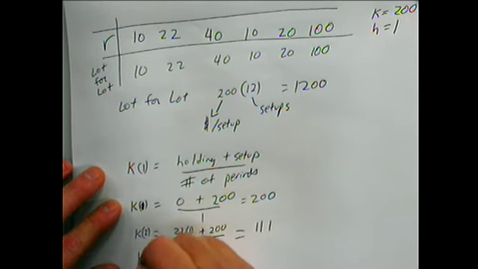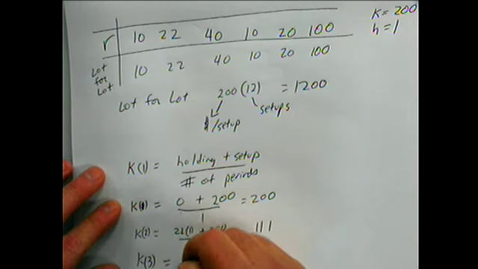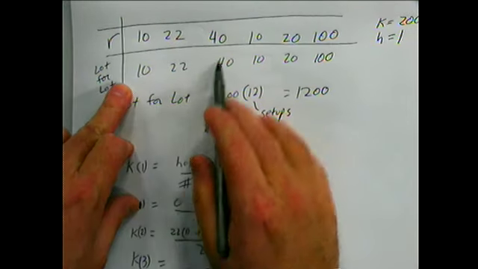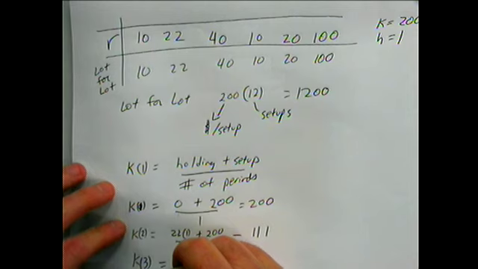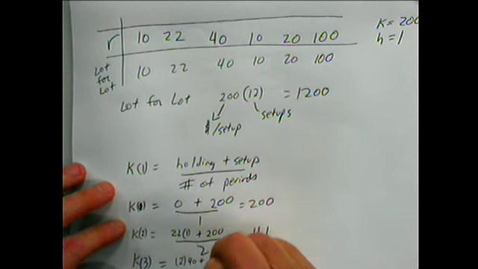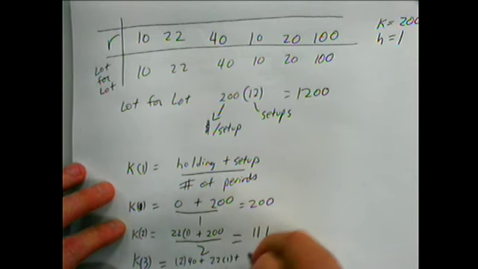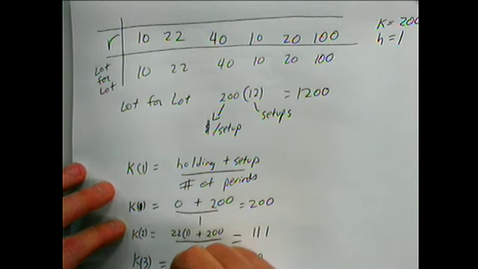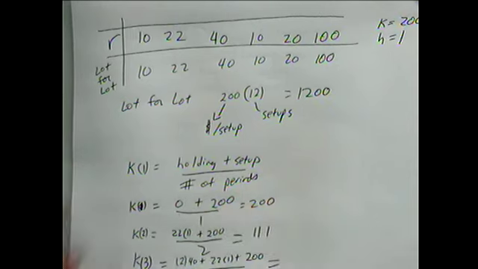If we do it for 3 periods, we'd have to hold for 2 periods. So it would be 2 times 40 plus 22 times 1 plus 200 divided by 3.